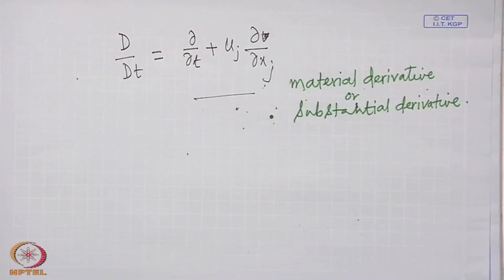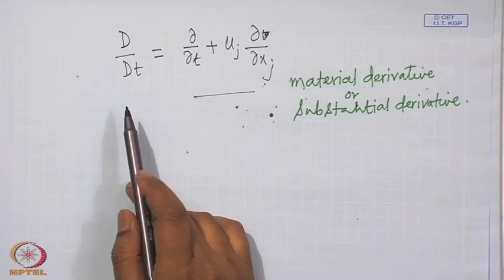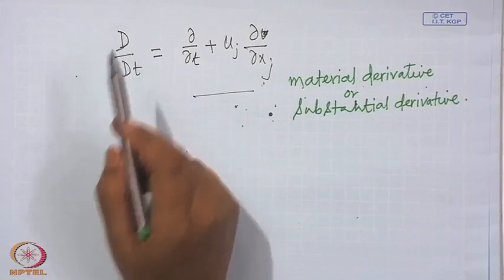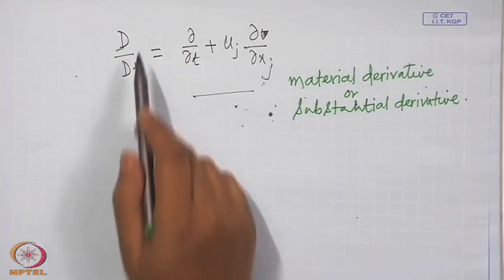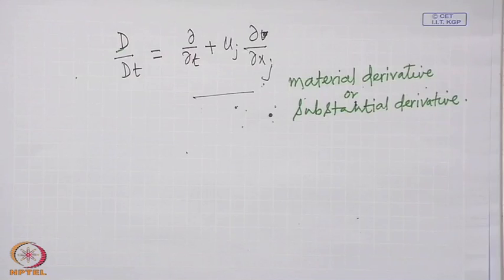And remember, this derivative is not applicable to velocity alone, it can be applied to any field variable. So, it can be applied to density, pressure, temperature, because all flow variables in Eulerian description are field variables. So, for all flow properties or all variables, this substantial or material derivative may come.